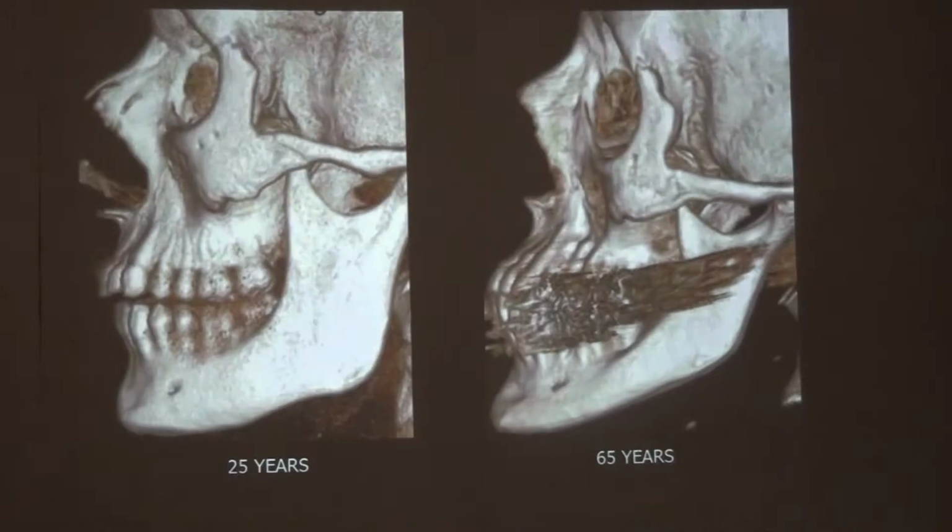This is the structure of the skull of the same person at the age of 25 and the age of 65. See how much the face changes. Once the hard tissue changes, the soft tissue overlying the face will also change accordingly. On the left is age 25 and on the right is age 65. It's the same person.